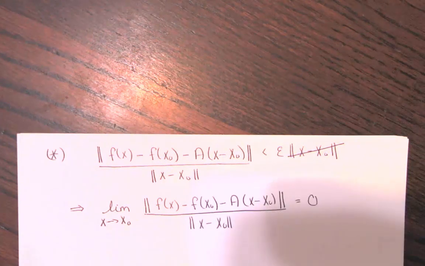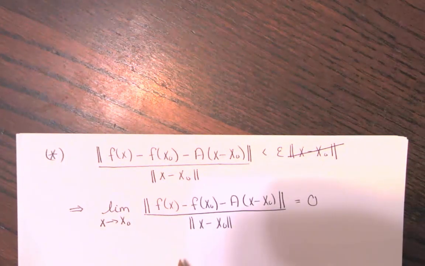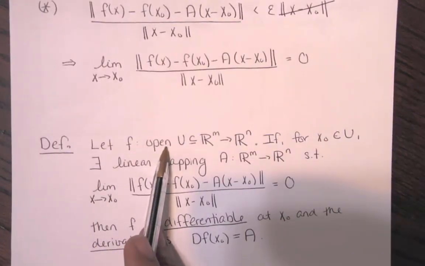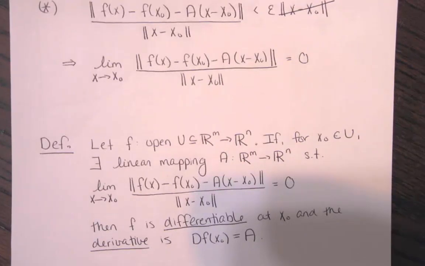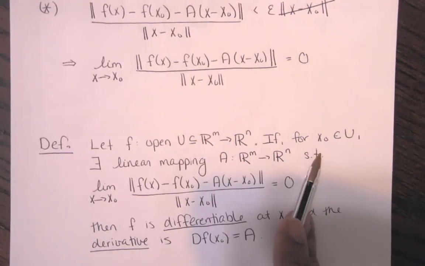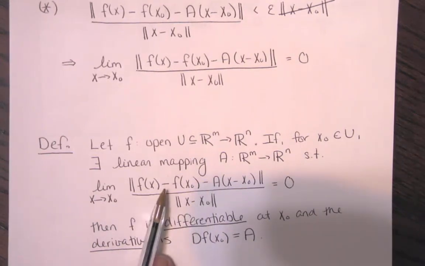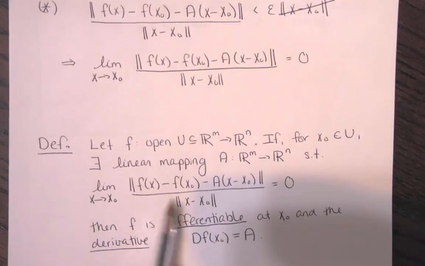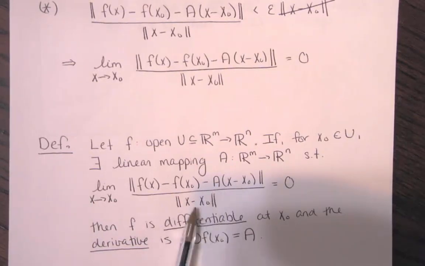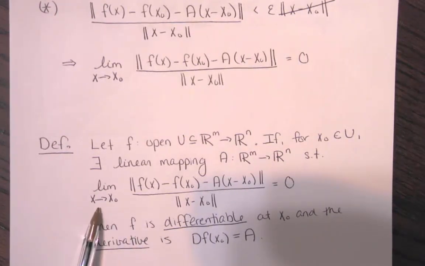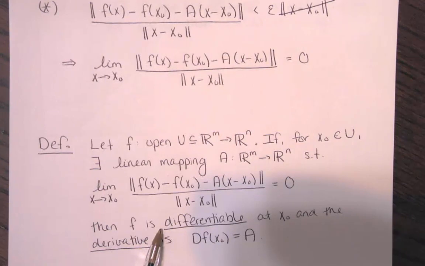So we've now derived what it means for a multidimensional function to be differentiable. Let's put it all together in a definition. Let f map an open set U in R^m to R^n. If for some x naught in the domain, there's a linear mapping A such that the norm of the change in f minus A times the change in x, divided by the norm of the change in x, is 0 in the limit as x goes to x naught, then we say f is differentiable at x naught.